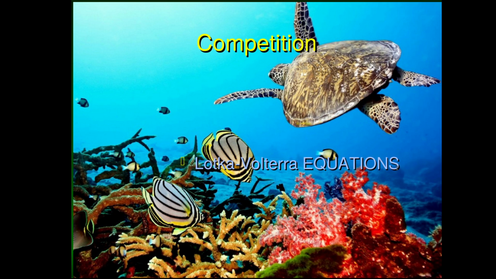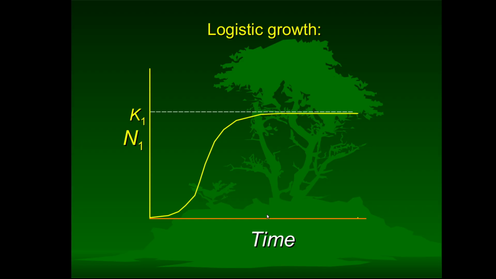So the logistic growth equation is visualized in a plot of r against N. This is the logistic growth equation. Remember, it's a sigmoid curve where the population increases to carrying capacity.